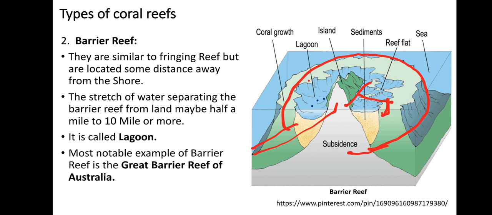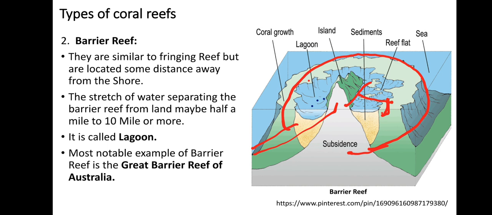See this water body, this is called the lagoon. They are very characteristic ones. They are much deeper compared to the fringing reef. That means the flora and fauna are also totally different. One notable example is the Great Barrier Reef.